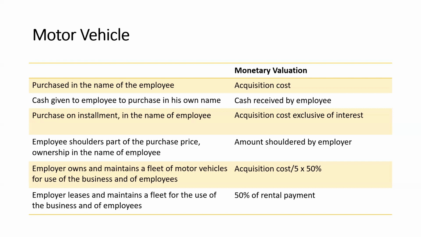Kapag owned ng company yung mga sasakyan o yung fleet, laging may 50%. So kung yung employer owns and maintains a fleet of motor vehicles for use of its business and of employees, acquisition cost divided by 5, parang depreciation, times 50%. Kapag naman leases, then 50% of rental payment.